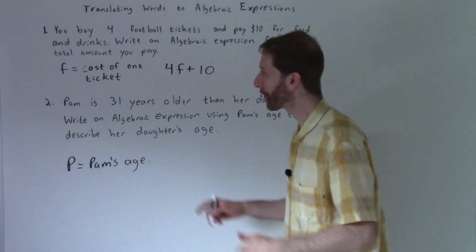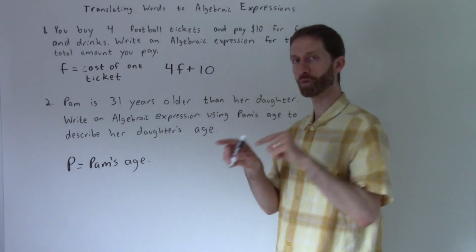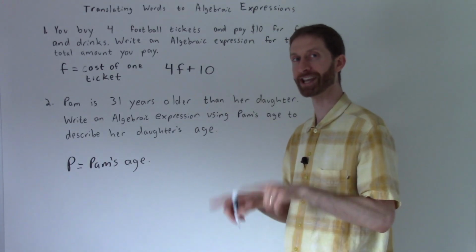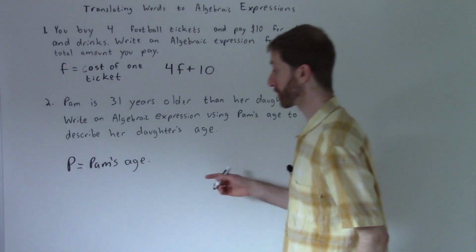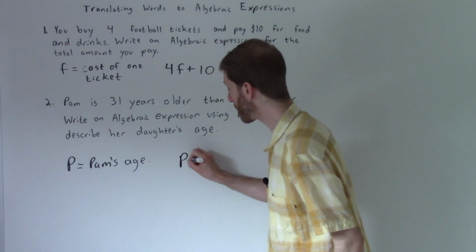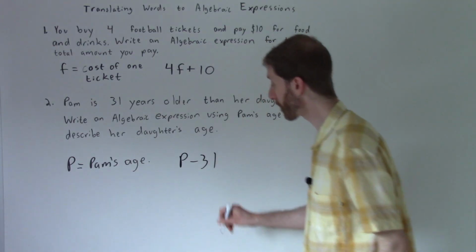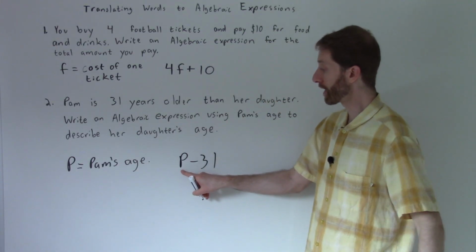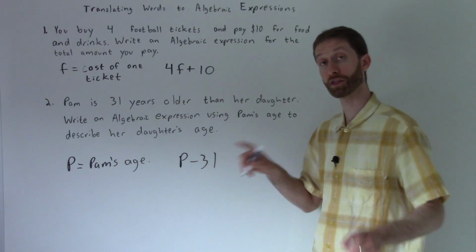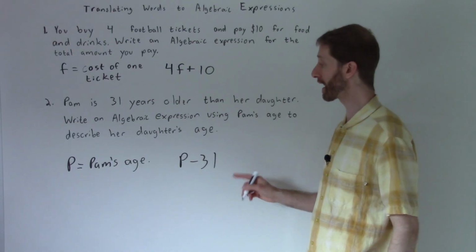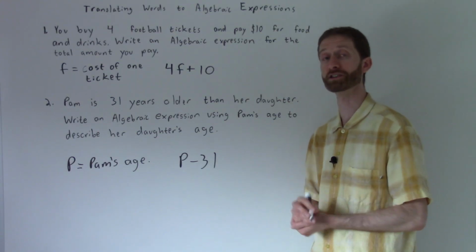So Pam is 31 years older means the daughter is 31 years less than P. How do we write that? Well, P minus 31. So if Pam was, let's say, 47, then we would take 47 and subtract the 31-year difference to find the daughter's age. So the daughter's age is P minus 31.